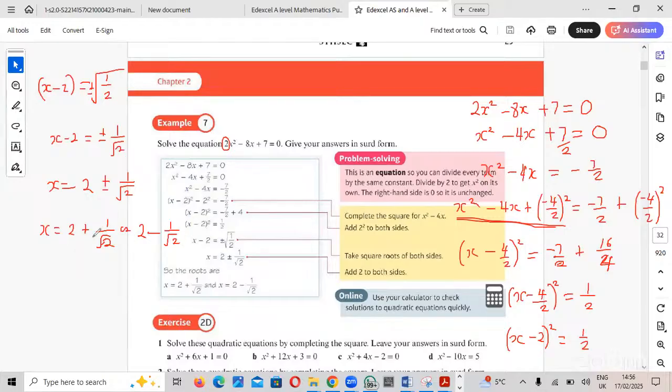If you like, I can rationalize. Rationalizing 1 over root 2 gives us root 2 over 2. So x is equal to 2 plus root 2 over 2, or 2 minus root 2 over 2. So that's it.